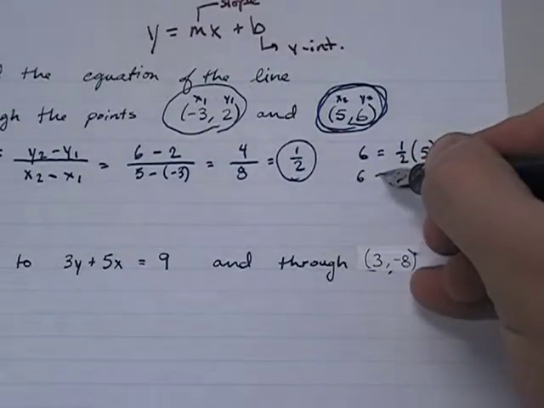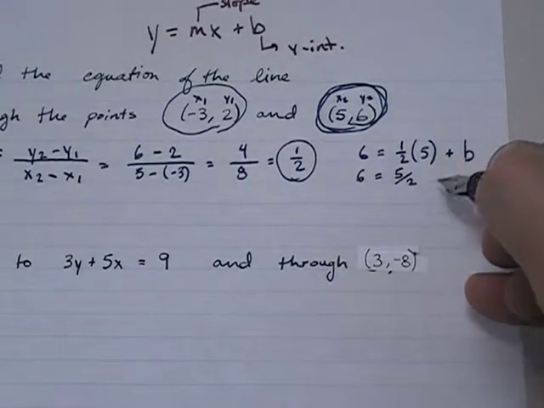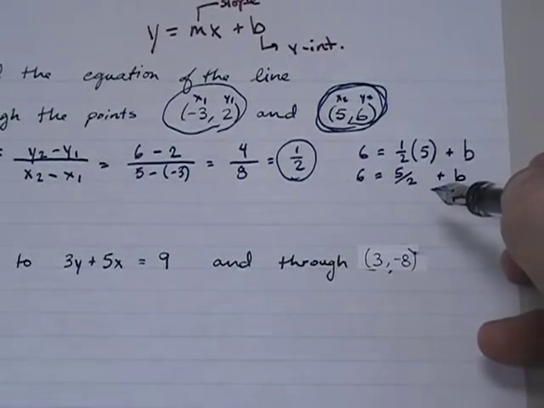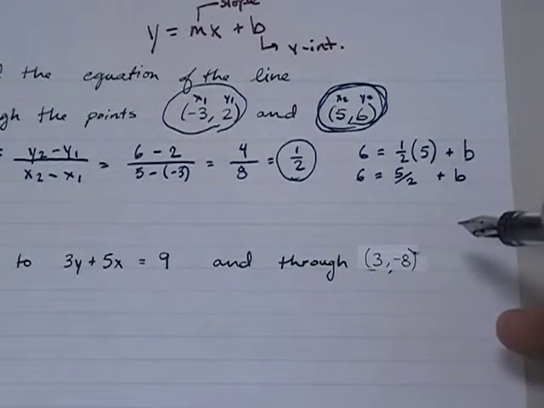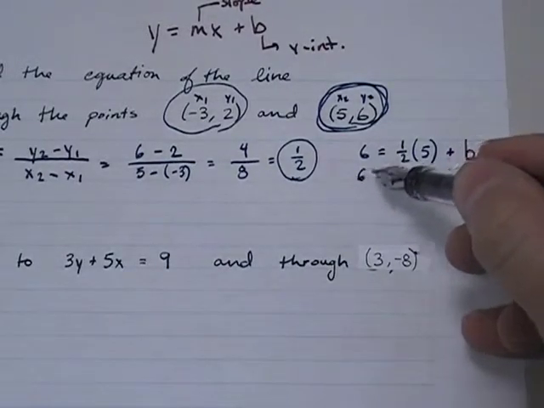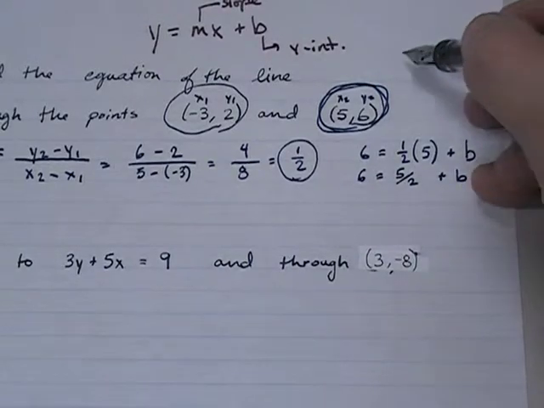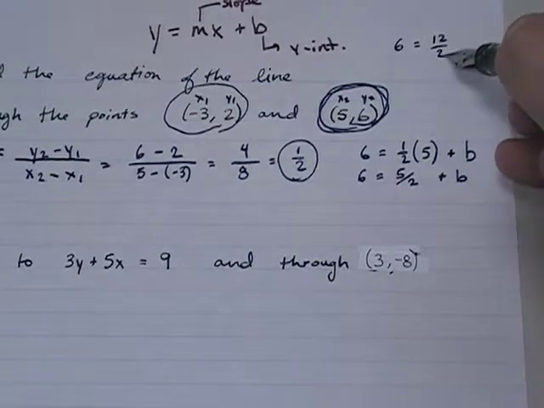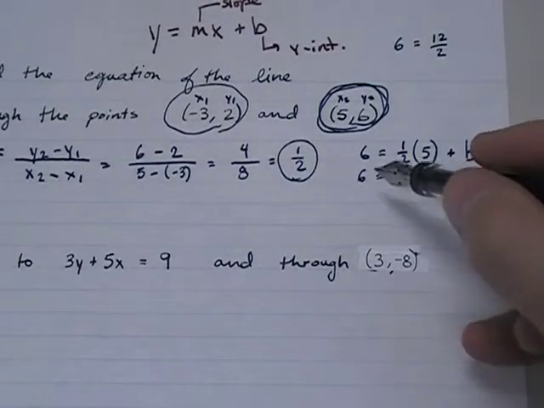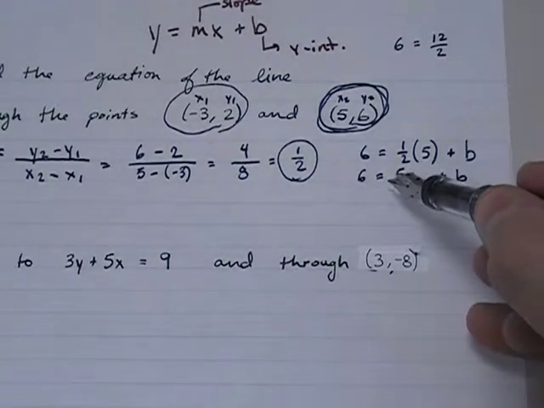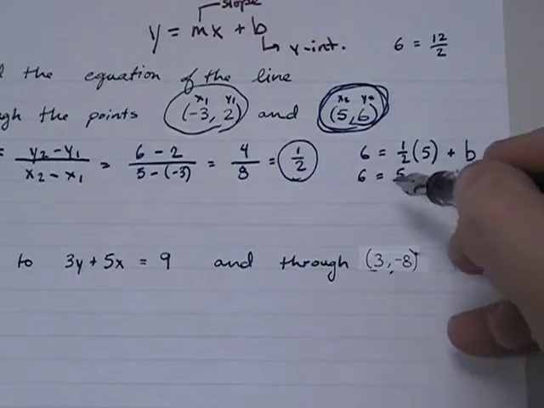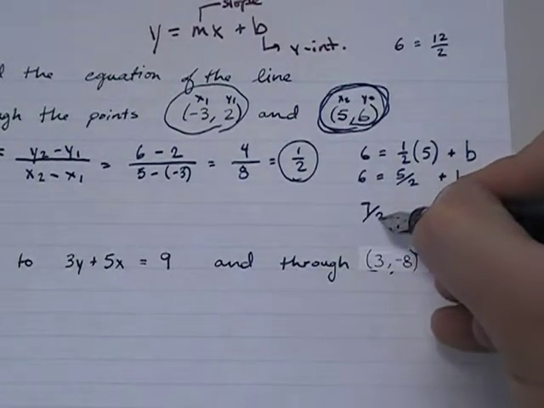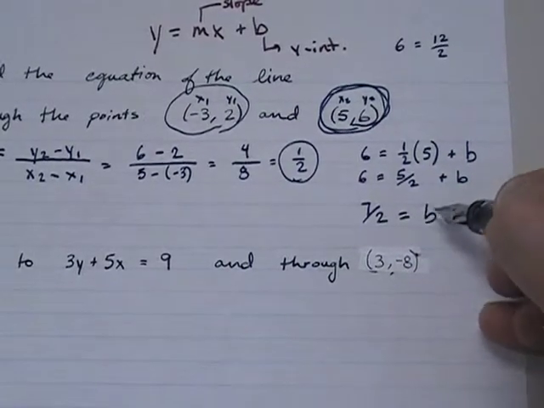So I get 6 equals 5/2 plus b. So I subtract 5/2 from both sides. Well, you've got to remember, folks, fractions here. 6 is equivalent to 12 divided by 2. So I end up with 12 divided by 2 minus 5 divided by 2, which gives me 7 over 2 equals b.